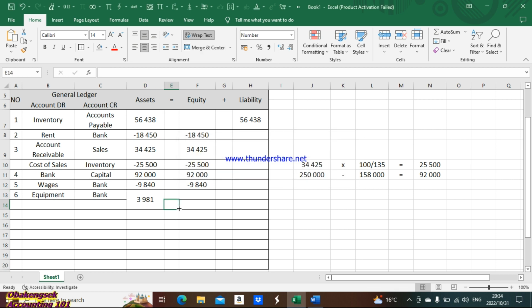Okay, with this one, it's a bit difficult. Reason being, I'm using Excel, and equipment and bank are both assets. So as equipment increases by 3,981, the bank decreases by 3,981. So this is the bank, this is equipment. Let me just do this.